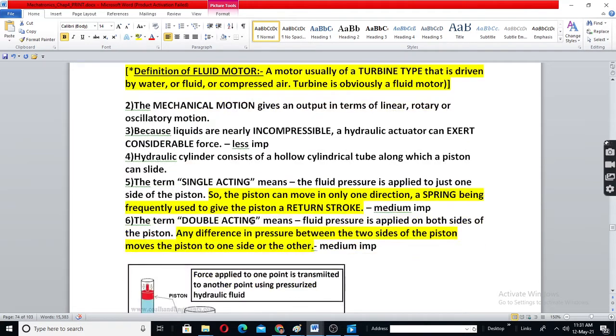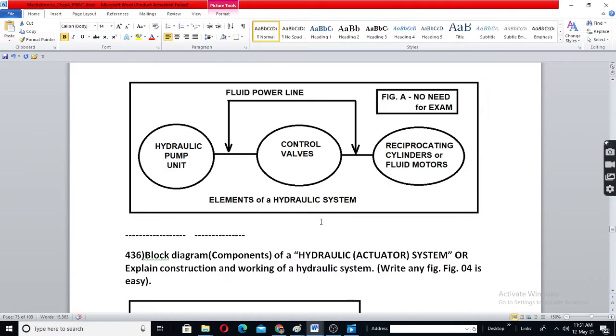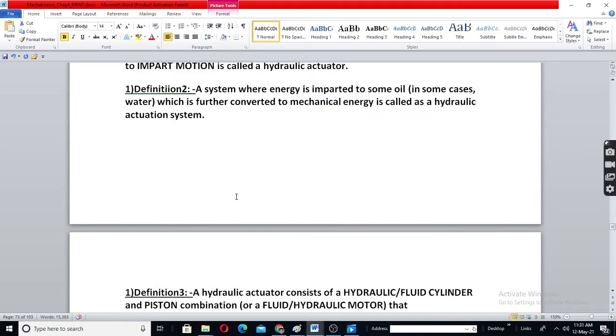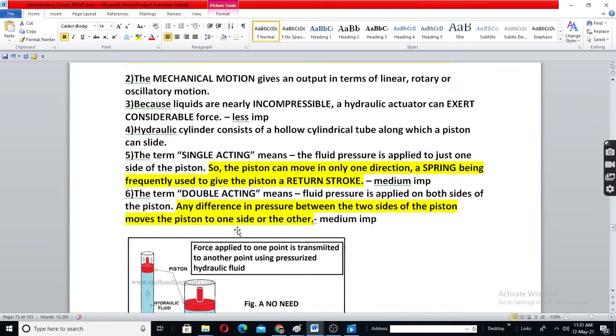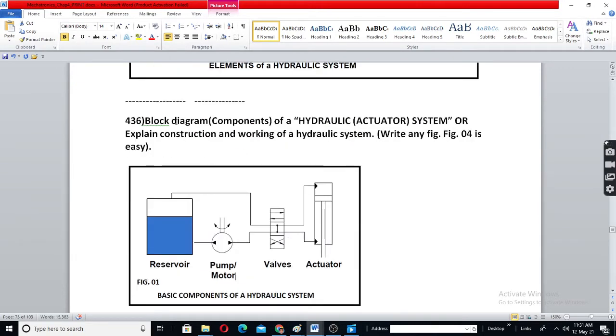Here there are two words coming: return stroke and double acting, single acting. That we will see later. You can write this figure in introduction. Actually, this is the introduction, not necessary. Practically starts from here. Block diagram of hydraulic system.